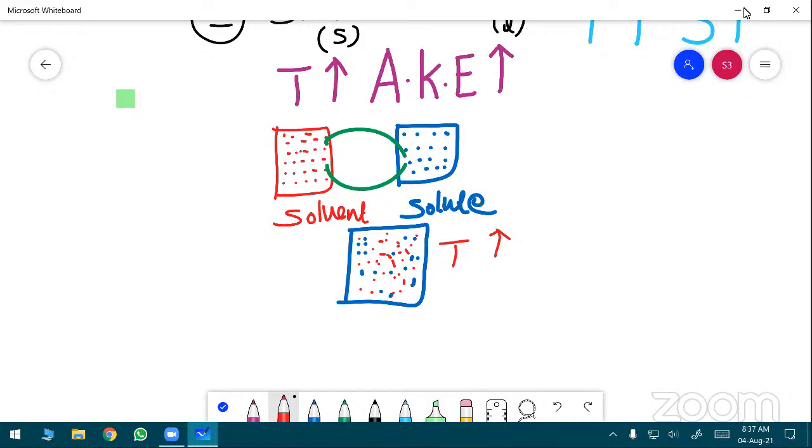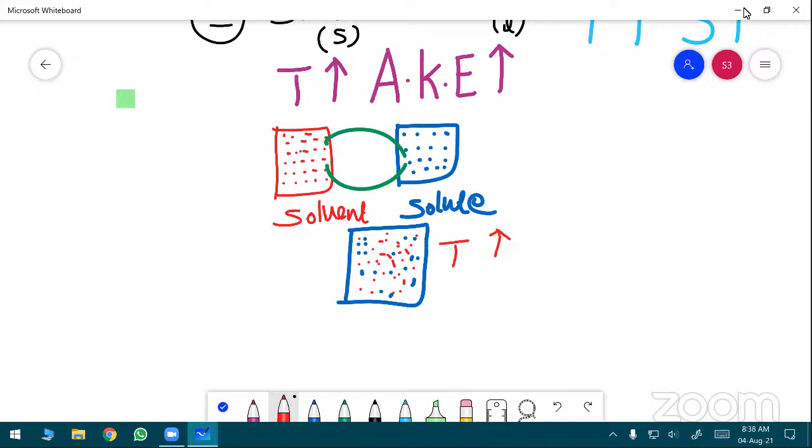How does temperature improve the solubility? When the temperature increases, average kinetic energy also increases. When the average kinetic energy increases, the force of attraction between the solvent and solute molecules becomes very much less, or the intermolecular forces break.